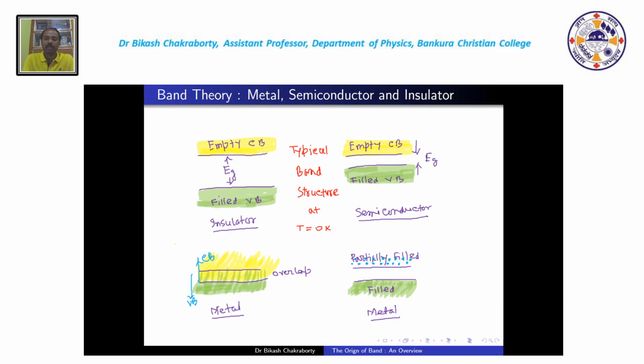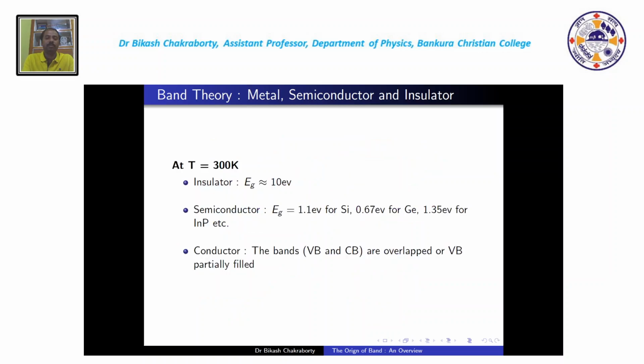Semi means it becomes conductor if we increase the temperature or supply energy by any means. Now, in case of metal at T equal to 0 Kelvin, the conduction band and valence band overlap, or it may happen that there is a partially filled conduction band. So from this band theory, we can exactly see the origin of the difference between the metal, semiconductor and insulator.